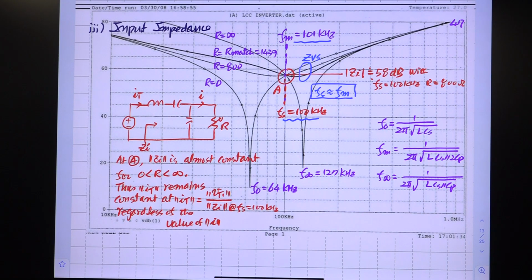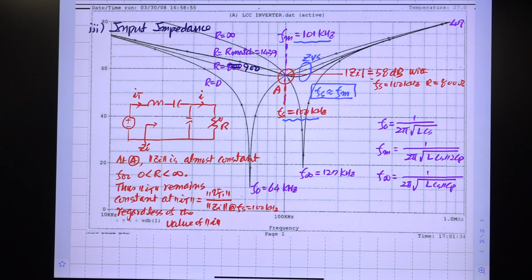I used PSpice. I just typed the simple LCC circuit and one resistor. I changed the resistor. This is the input impedance of R equals 0. This is 900. This was a mistake. This should be 900 because our design value is 900 ohm.